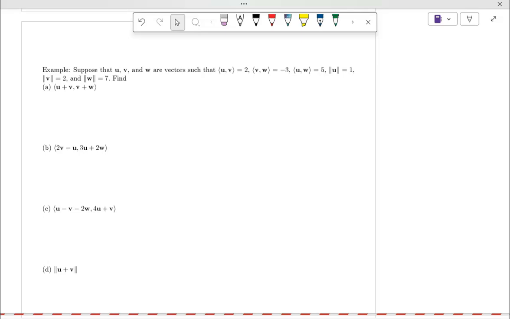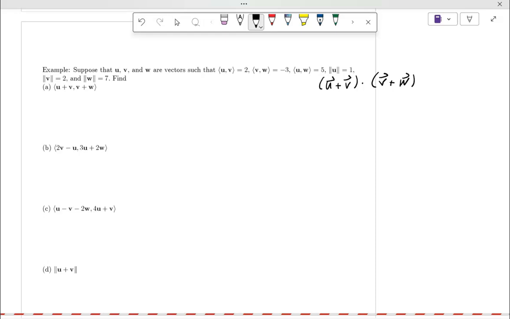No. Okay. All right. So what do you think we should do first? What if I had something with the dots like this? What might you do first?